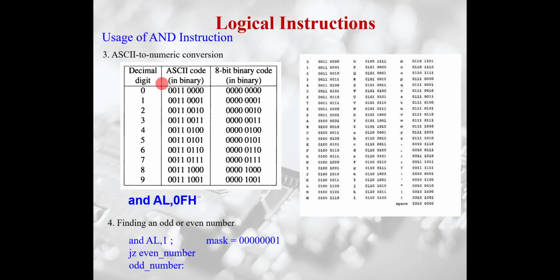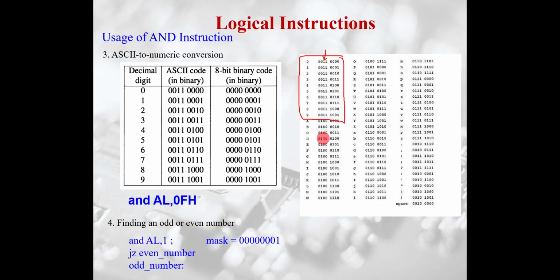Another useful application of AND is with ASCII code, which we all know. For example, all the keys which we have on our keyboards. There are many keys, so obviously to represent all of them, 8 bits are used. For the numerical values 0 to 9, the code is prefixed by 0, 1, 1.